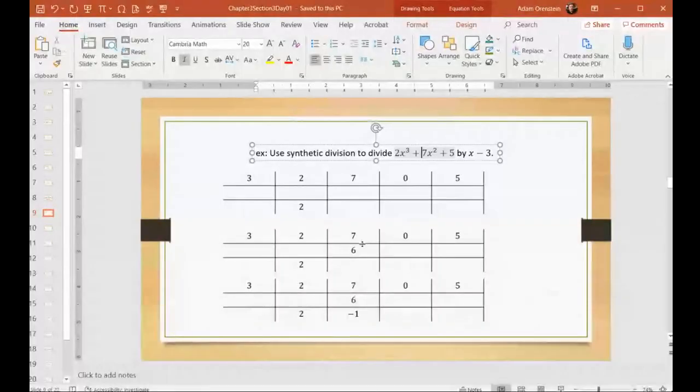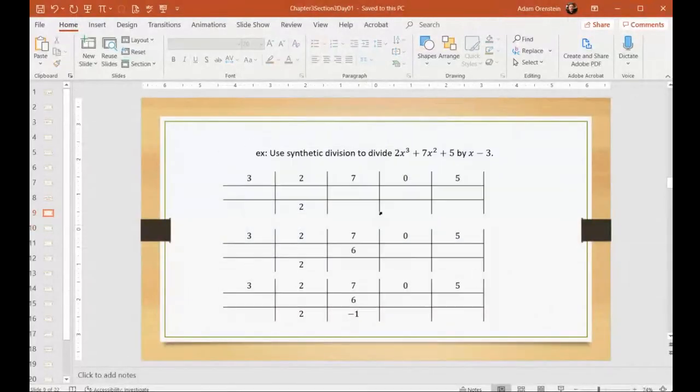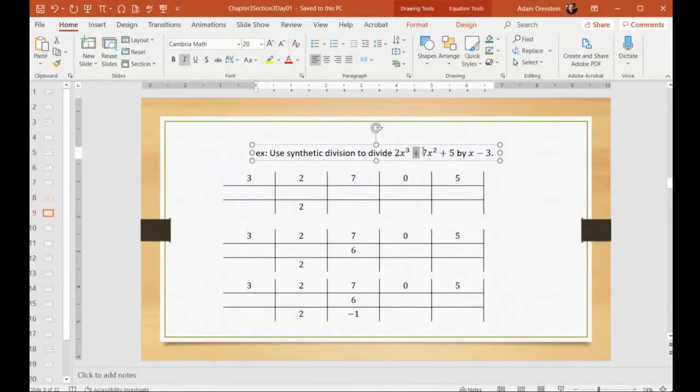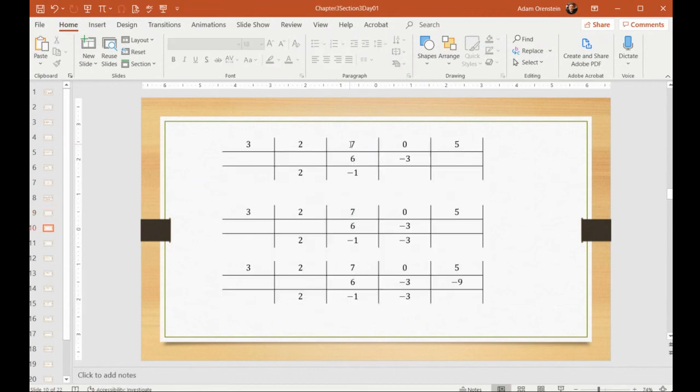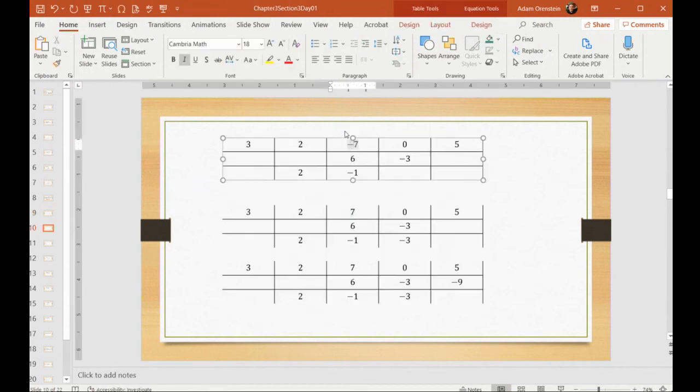Hold on. Is there a mistake in this? Yeah, let me fix that. Hold on. Oh my goodness. Should be negative. Should have been -7. All right. Guess I forgot to put -7 in the row for some reason. So, well, fixing it now.